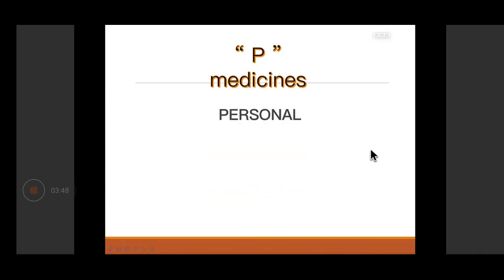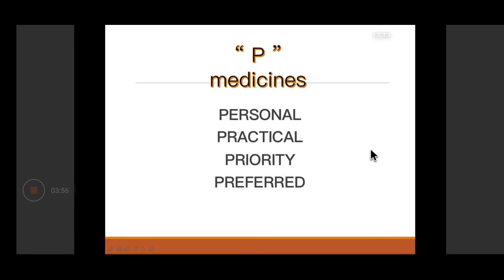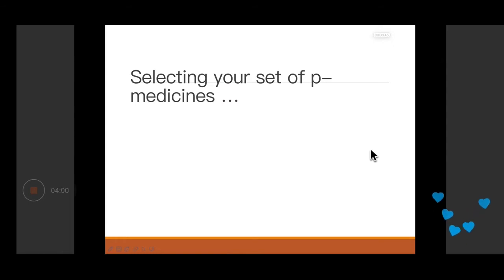The P in P medicine could be personal, practical, priority, or preferred. Now, selecting your own set of P medicines: on what basis would you select your preferred medicine? Can you all attempt and let me know in your answers?